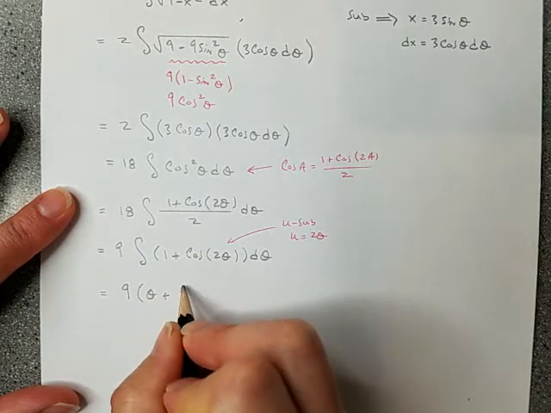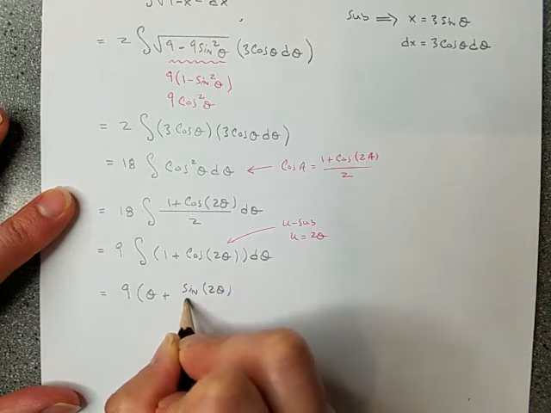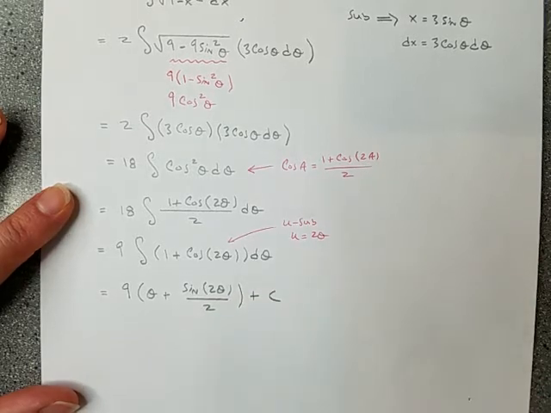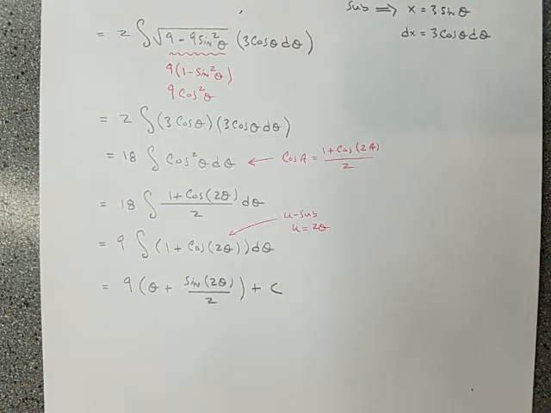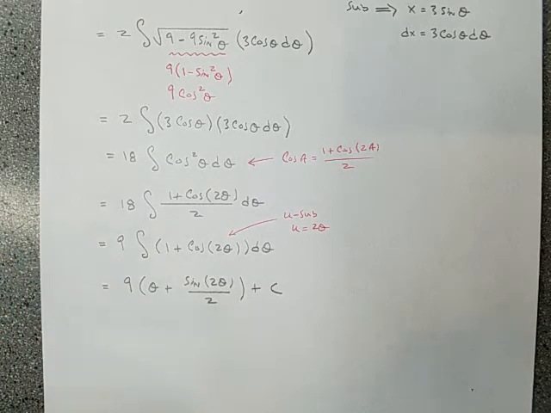And then this will be sine 2 theta over 2. Okay. There we go. Now, all right, I did the integration. I found the antiderivative. Okay, so I got that part.